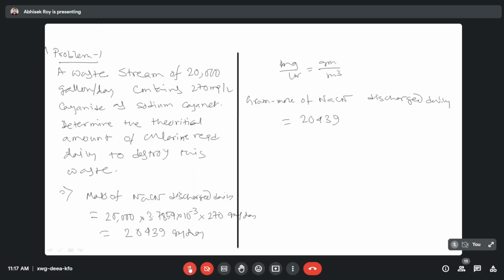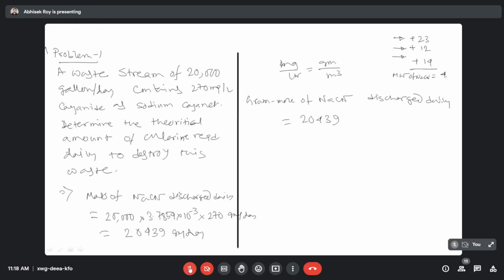Now what is the molecular weight of NaCN? How much is the Na? Na কত? কার্বন কত আর নাইট্রোজেন কত? Carbon is 12, Na is 23, okay, and nitrogen is 14. Clear? So how much is the molecular weight of NaCN?